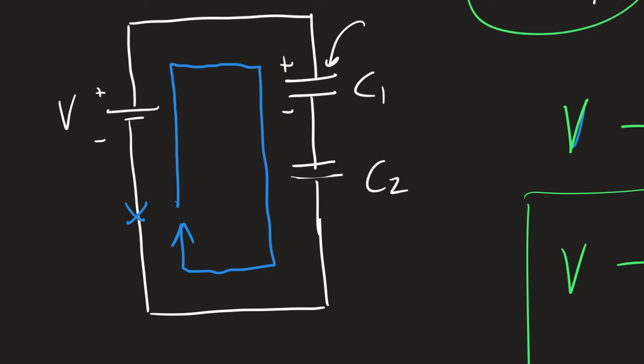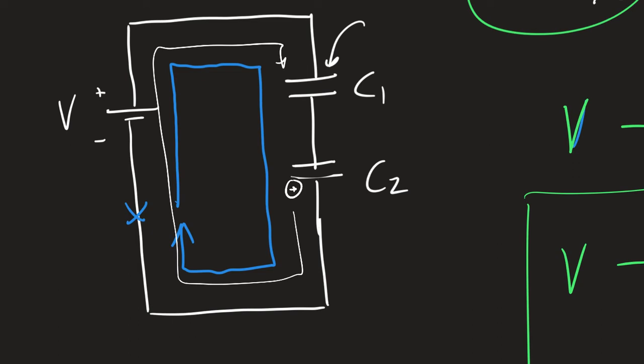I said this yesterday, but I want to reiterate it. If one positive charge is taken from this bottom plate and moved to the top plate, then the top plate has received one charge and the bottom plate has lost one positive charge, leaving a negative charge.